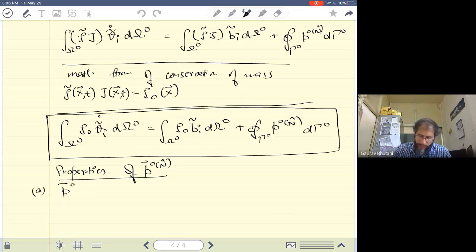P naught n hat is equal to minus P naught minus n hat. So this basically means that if you try to find P naught for an area which is just opposite to n hat, then you get the negative of that. So let's call the boxed equation as A.